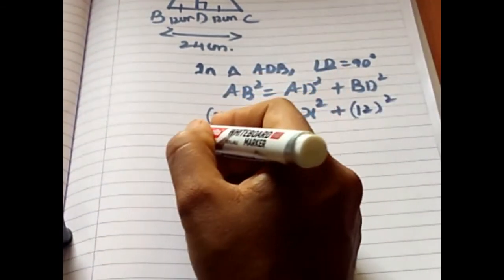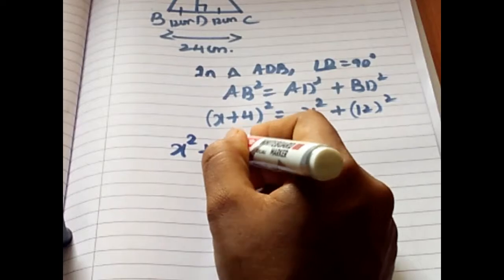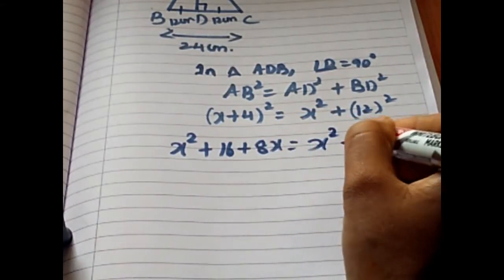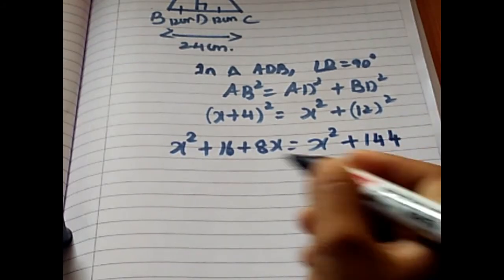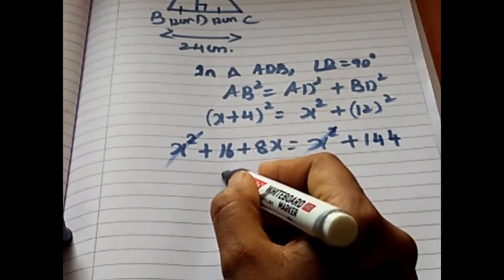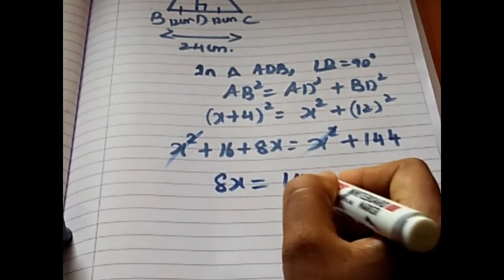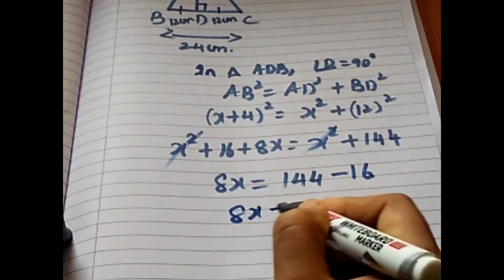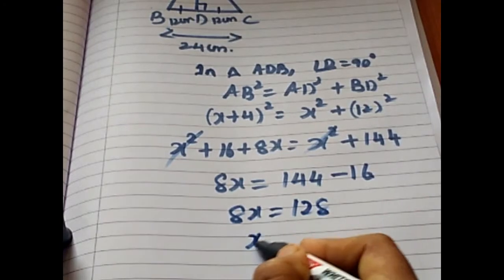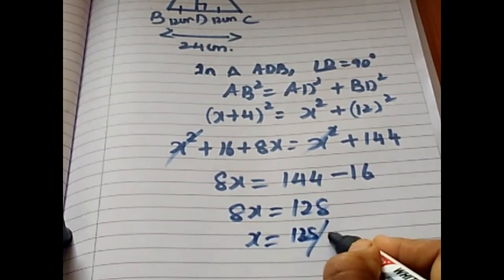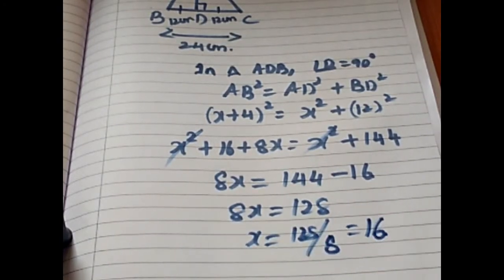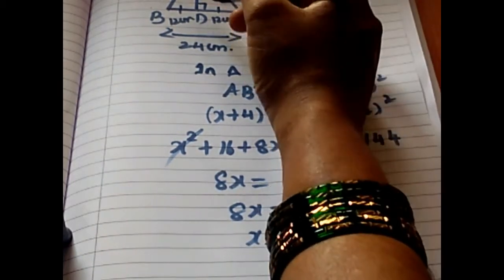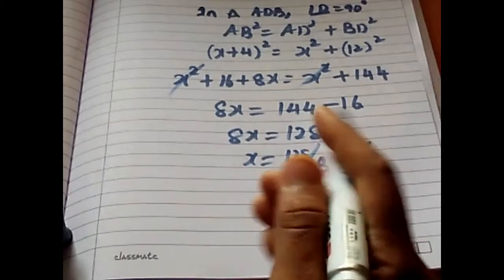Expanding using (a plus b) whole square, that is x square plus 16 plus 8x is equal to x square plus 144. X square cancels. 8x is 144 minus 16. Hence 8x is equal to 128. X is 128 by 8, that is equal to 16. X is 16 means the height AD is equal to 16.